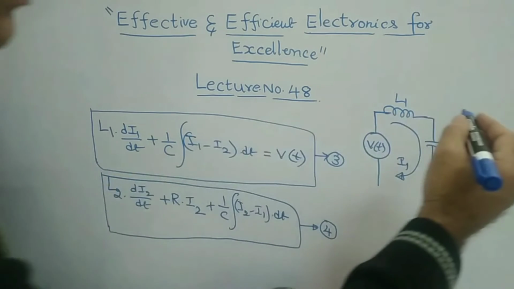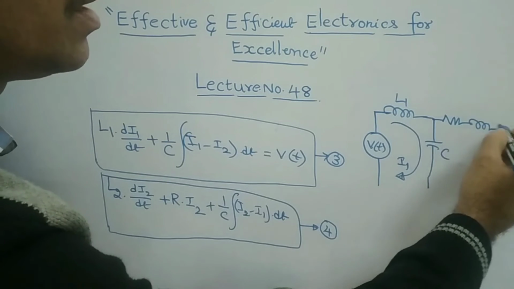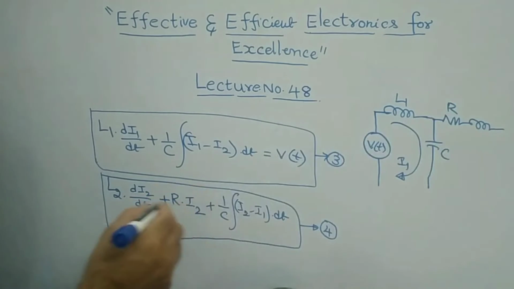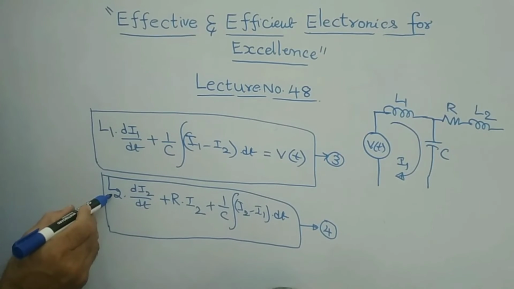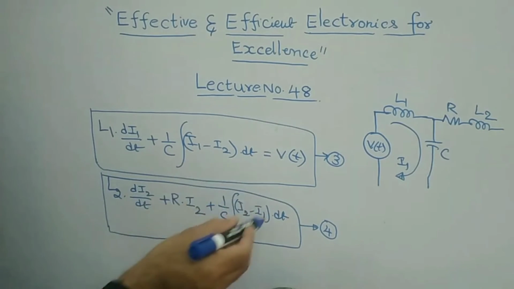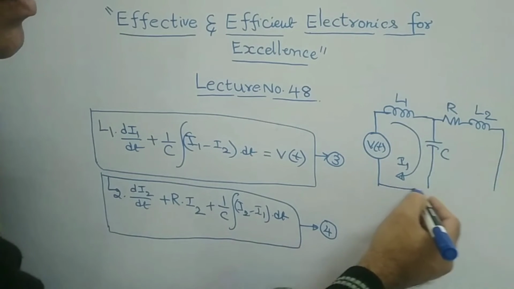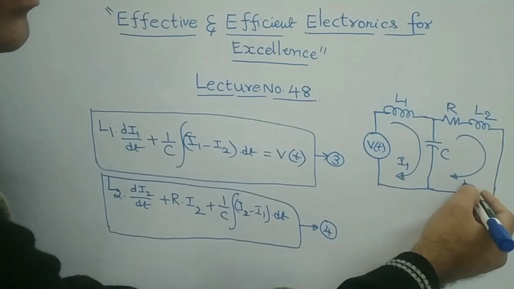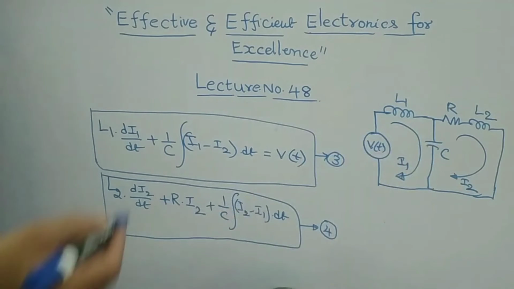As per our notation, you can write R, and then L2. 1 by C, this common element is nothing but this element only. Then you can close this and draw like this, and this current is I2. This is the electrical equivalent circuit of this given mechanical system.